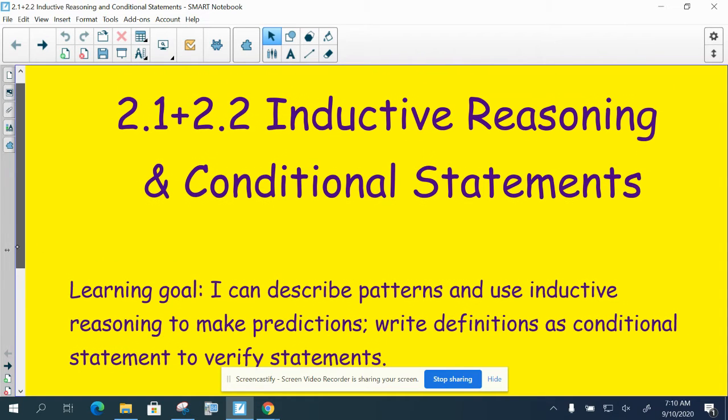So the beginning of this chapter is all about introducing you to logic. When I was in college, I actually took a college course on formal logic, which has a lot of these different terms and concepts.